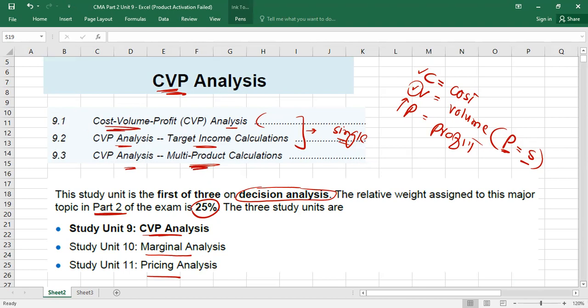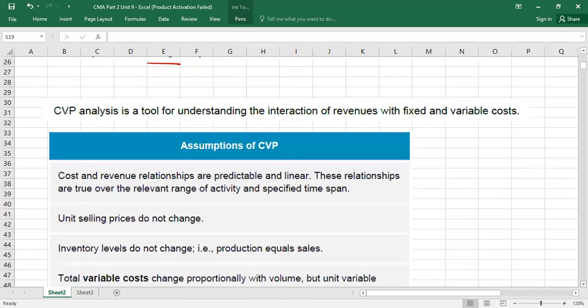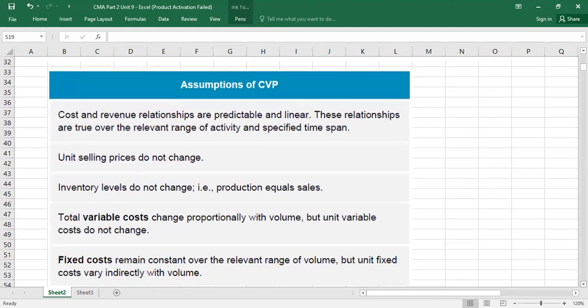Before moving to the topic, guys, the very first thing I want to explain is the assumptions of CVP analysis. CVP analysis, as I told you, is also called break-even analysis. So what is the first assumption here? Because based on this assumption, we will understand the topic. The first assumption is that cost and revenue relationships are predictable and linear.